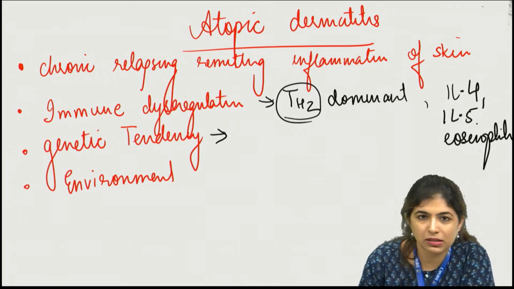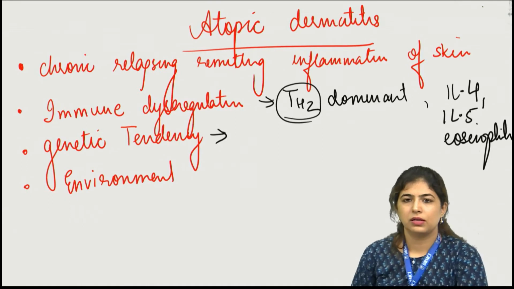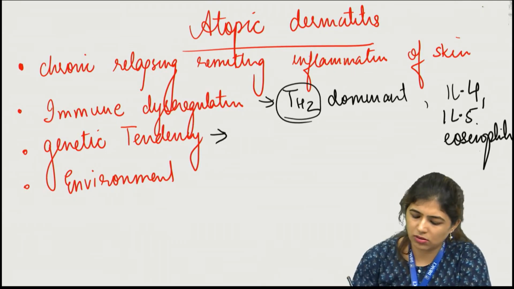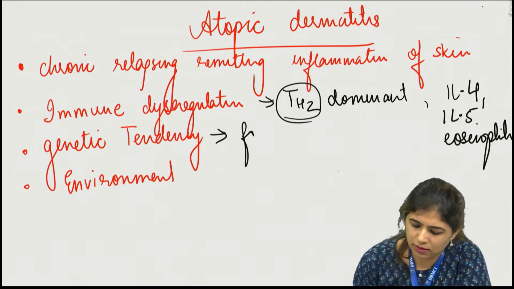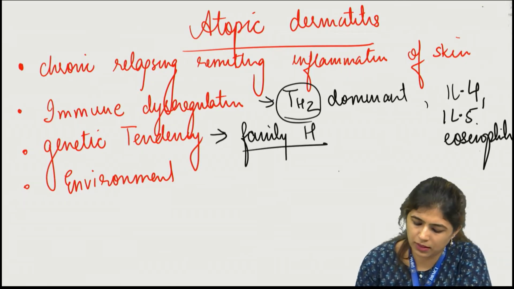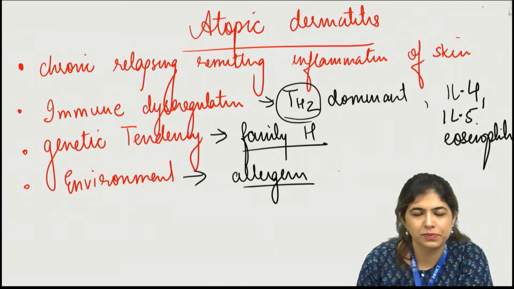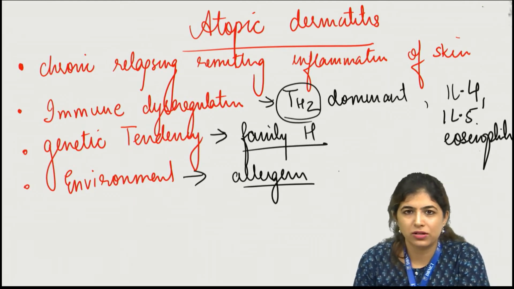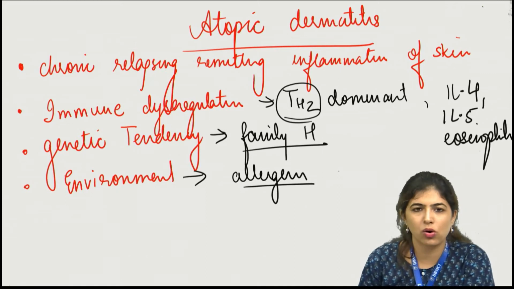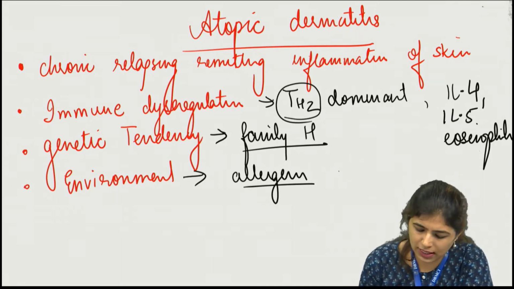Genetic tendency means there is a chance of family history here. The third thing is environmental allergens: food allergens, airborne allergens, pollen, dirt, dust, mites. All of these can cause atopic dermatitis.